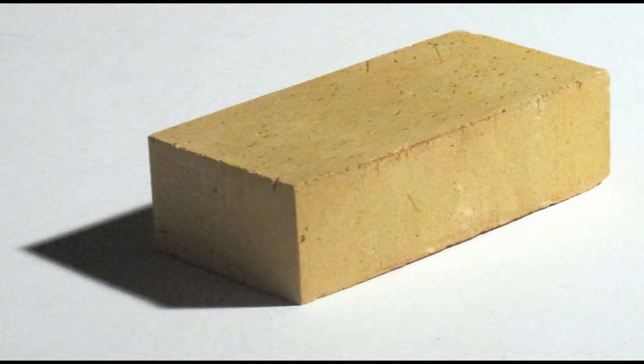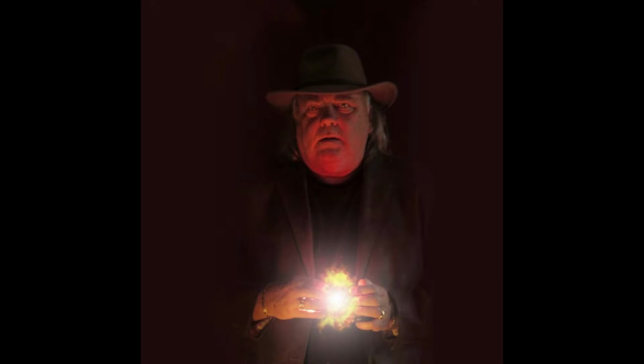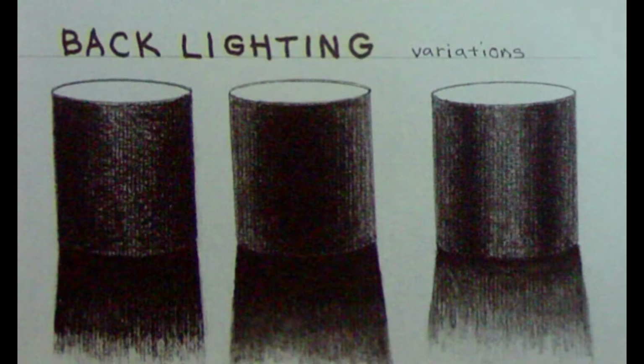And again, if you can learn to shade the basic geometric forms of the cylinder, the cone, the sphere, and a volumetric rectangle, you can shade anything because, again, those are the basic underlying geometric forms. In this image, I show three different patterns of middle value and dark that would show up in backlighting.